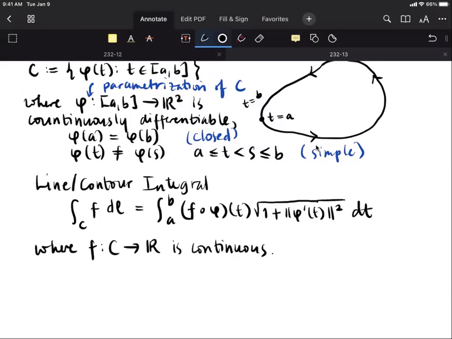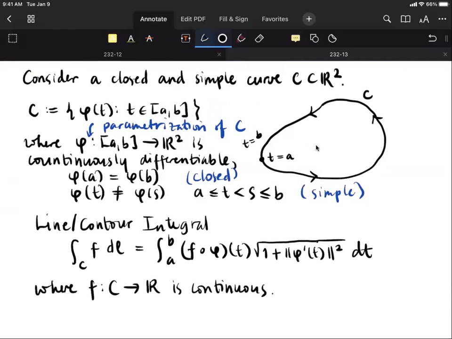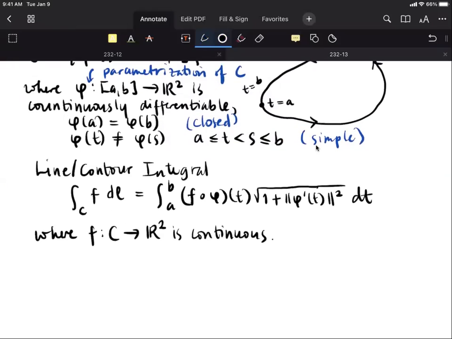So this is the way we compute the line or contour integrals, let's say in complex analysis. So you can say this can map C to R2. So our goal here is to have a generalization to Rn. Of course, n is greater or equal to 2.